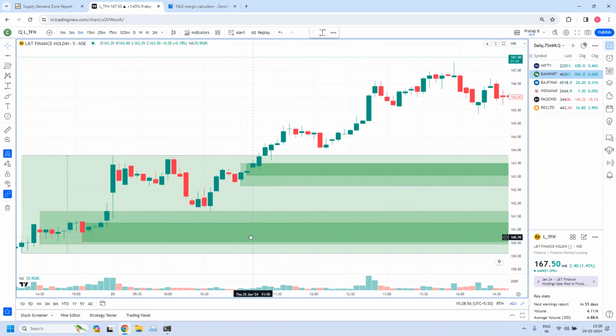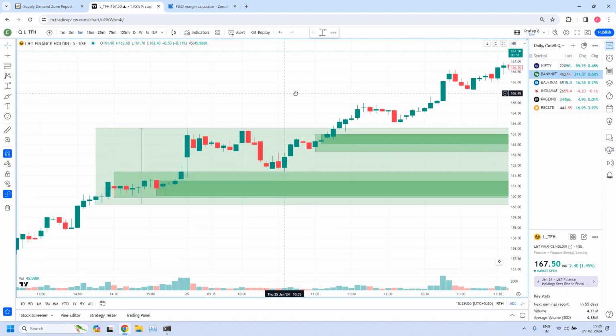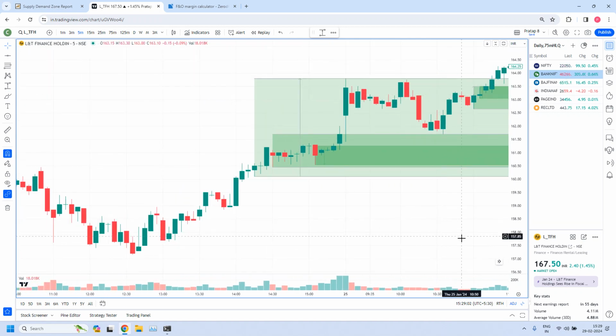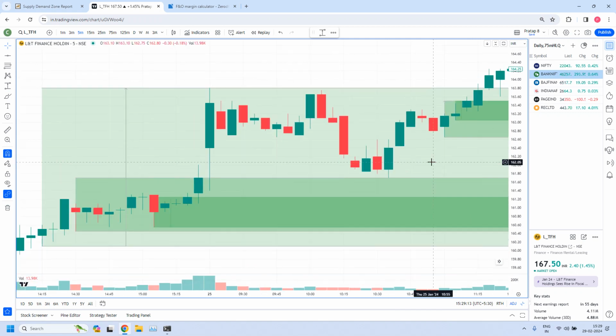Structure is good, no issue. No, actually I'm trying to find the reasons. Are there any reasons for the zone violation? Because they are very important for us. If we didn't find a reason, that's good. If we find a reason, that should be a learning for us.